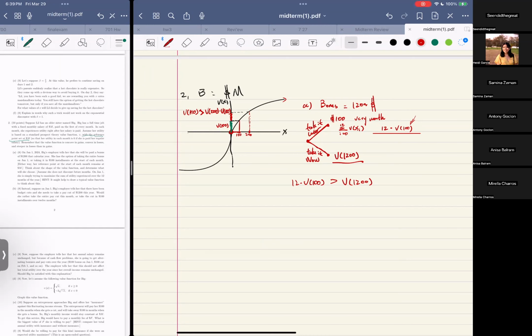Is that also because of the diminishing marginal value of the concave function? Yes. Every additional dollar that you gain is going to be less than the initial one. Yeah, that makes sense. Thank you.